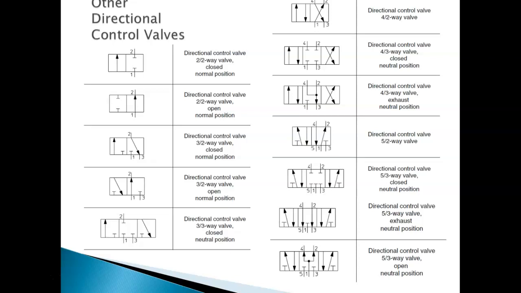Okay? But whenever I change the switch to its other position, I have to describe what it's doing at that time. So in this particular one, whenever I switch it over, my port 2 goes to port 3, and port 1 does nothing. Does that make sense?